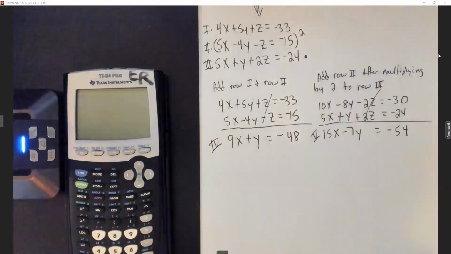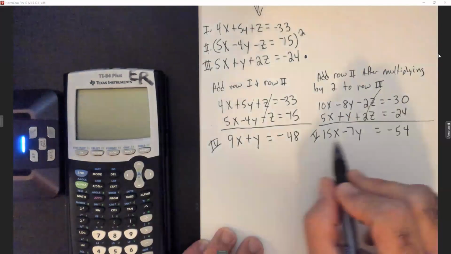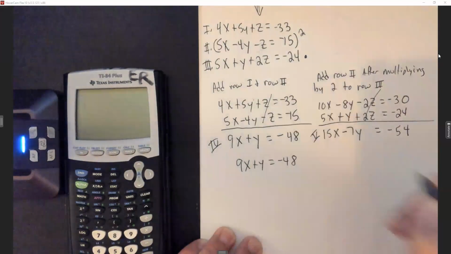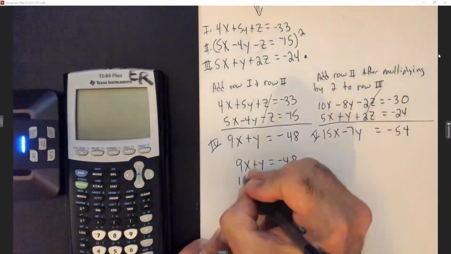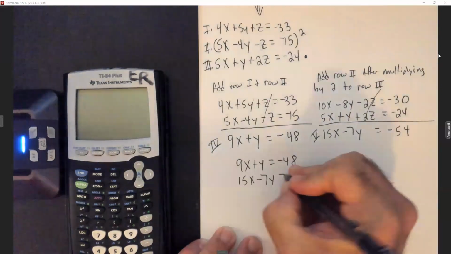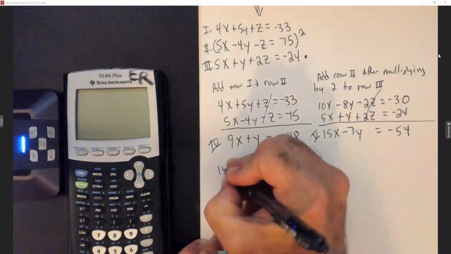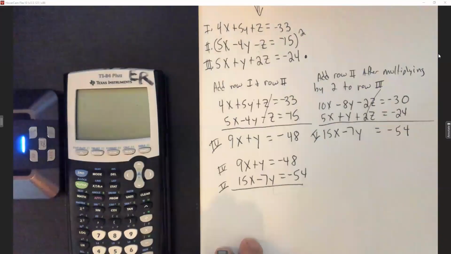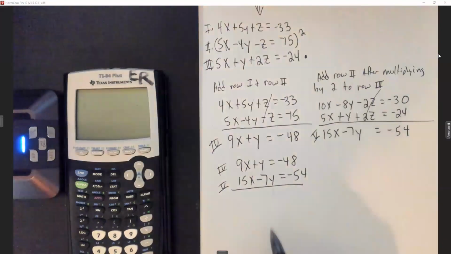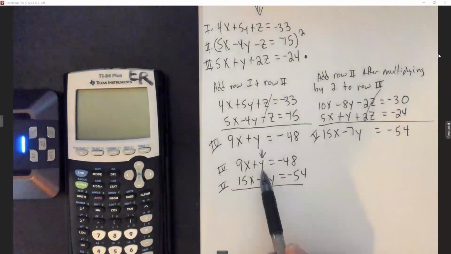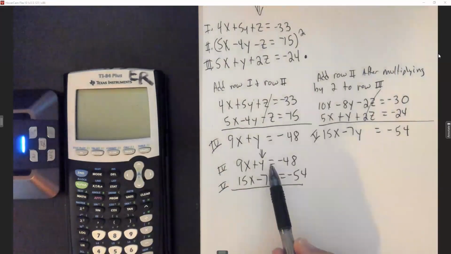So now we have to take row 4 and 5 and set them up as a system again. And that was 15x minus 7y equals negative 54. So this was row 4 and row 5. Now we have to figure out what letter we can get rid of. And I'm going to pick the y's this time, because I can change this row by multiplying everybody by 7, and then a 7 and a negative 7 will cancel.